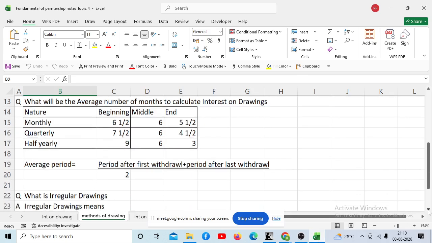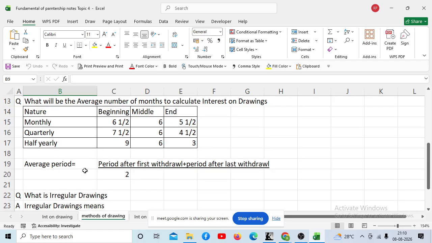And after that, just write down how to calculate the average period. Just write down this formula.